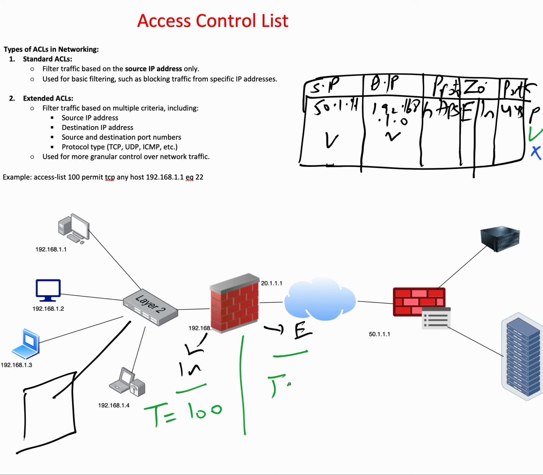For external, we have a trust of 0. We don't trust it. So what happens by default? We go from high to low. So ideally, from here to here, by default, it should be on in various firewalls. Some of them don't have it, but ideally it is on. So this is by default allowed. From 0 to 100, it's default blocked.